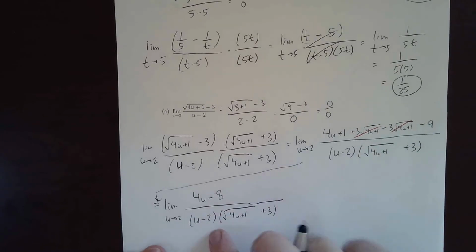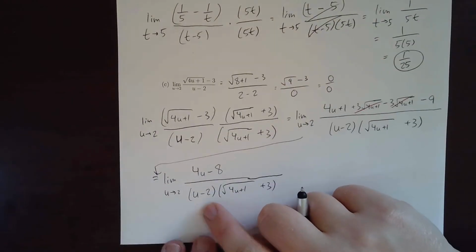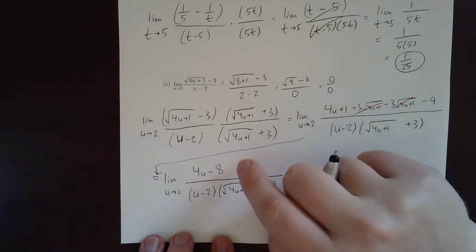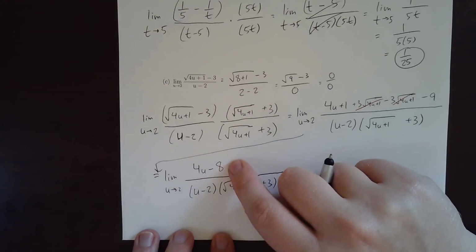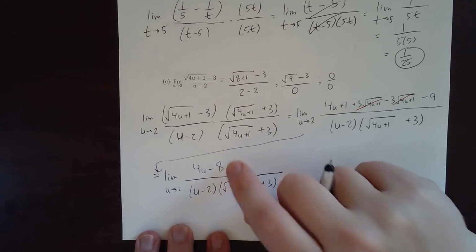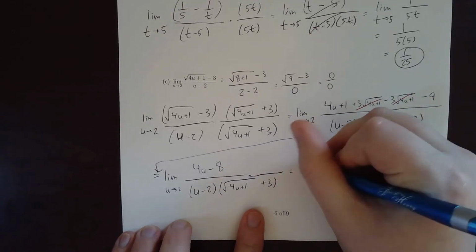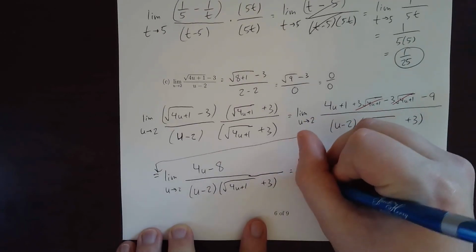Now what you'll notice is that if we still try to plug in this 2, we'll end up getting 0 over 0. But what you might not notice is that if you look at this 4u minus 8, we actually can pull out a 4 to be able to reduce this further.